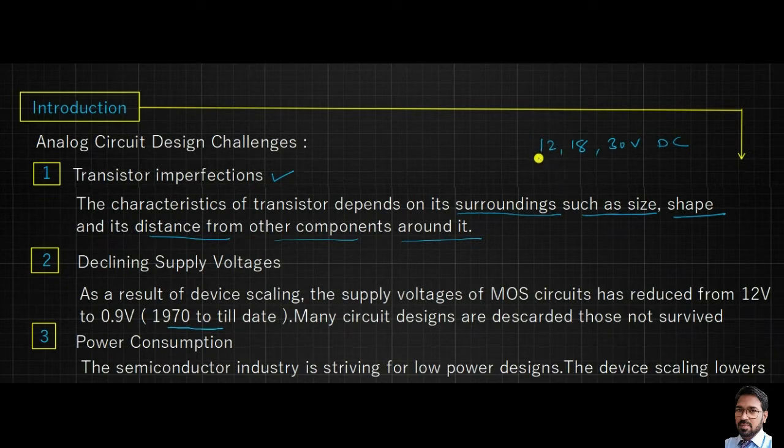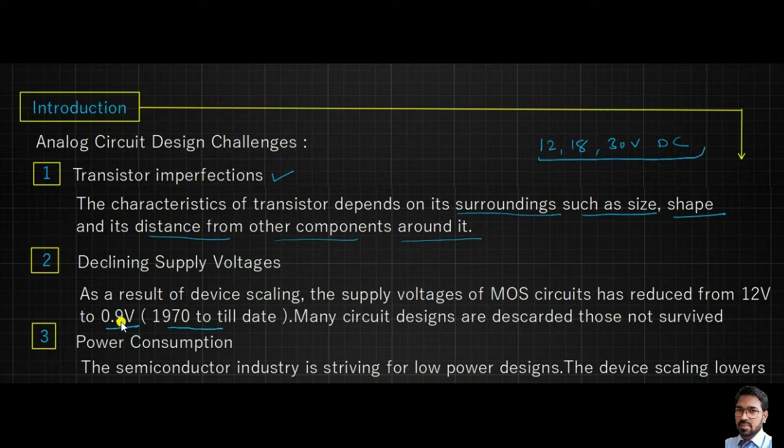Just like a mechanical device requires energy, like a two-wheeler requires petrol as a driving force, in the same way we require DC voltage. Earlier, large DC voltages were used. Today even CMOS ICs require 0.9 volt. Our motherboard requires plus 5 volt DC for its operation.